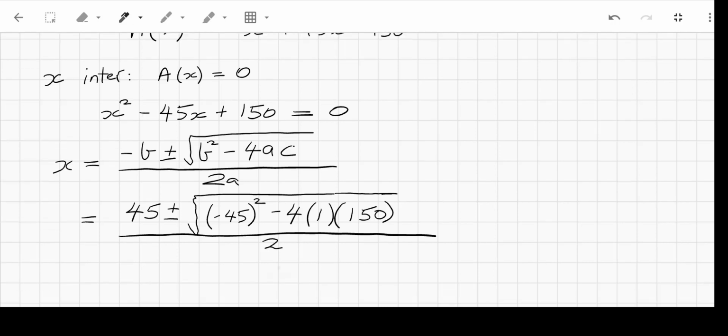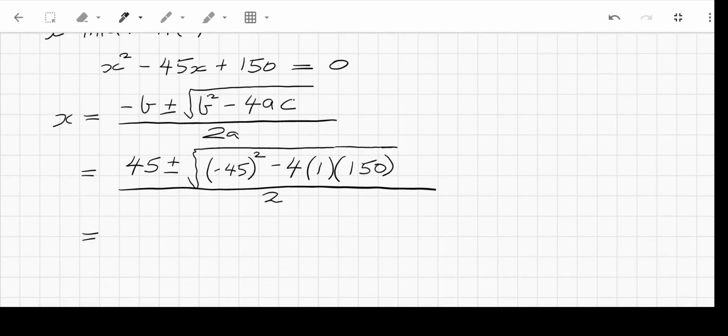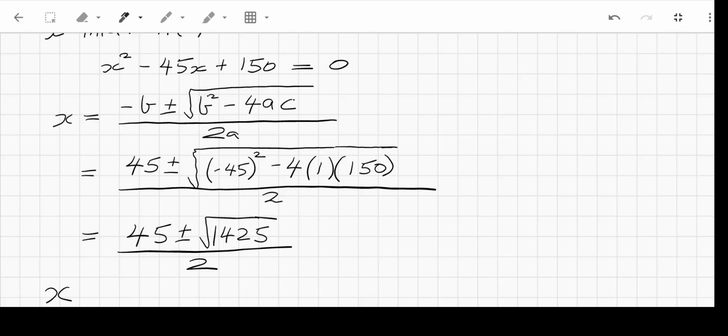So at this point here, you'd use a calculator to help you simplify it down. 45 plus or minus the square root of 1425 over 2. And approximating that, x is approximately equal to 3.625 or 41.375 meters.